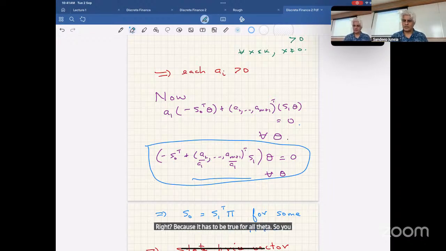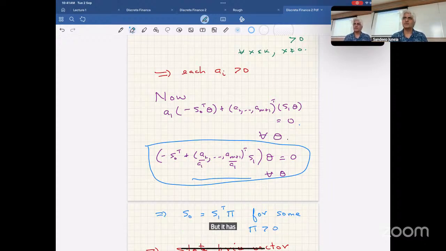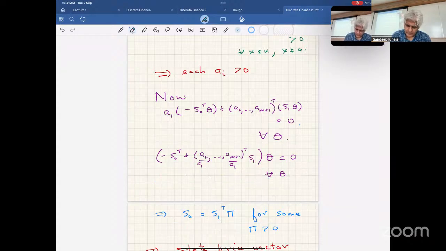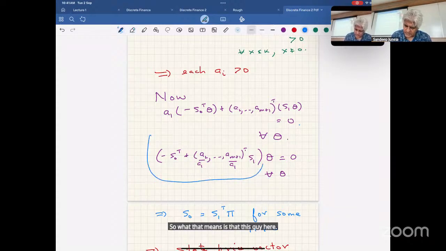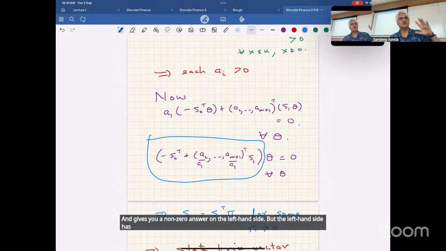So you choose a theta in such a manner that the left-hand side is not 0, but it has to be equal to 0. So that's a contradiction. So this quantity here has to be equal to 0. If any component is not 0, then you can construct a contradiction. You can choose a theta which focuses on that component and gives you a non-zero answer on the left-hand side, but the left-hand side has to be equal to 0. So you get a contradiction.